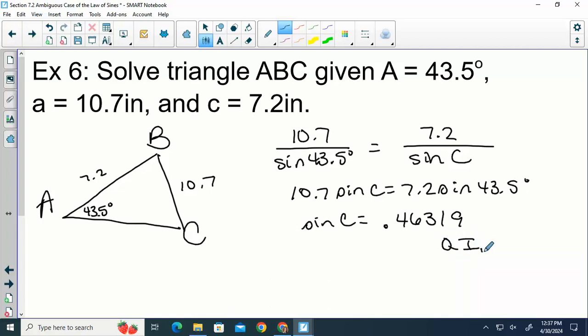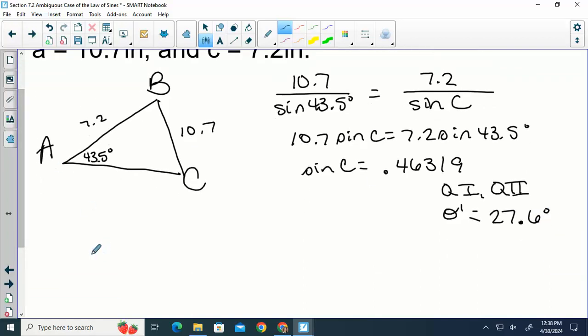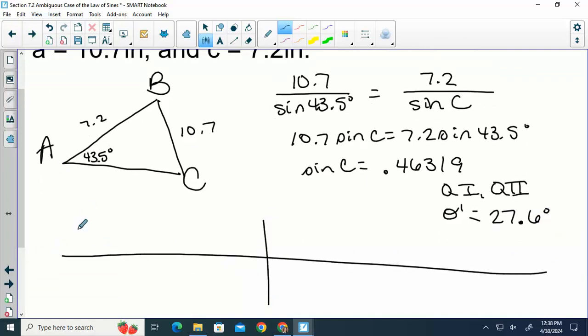So we know sine's positive in both 1 and 2. Reference angle. So sine inverse. So let's try our triangle.